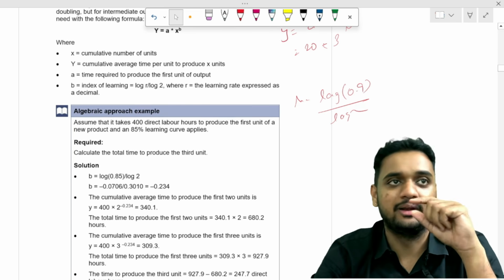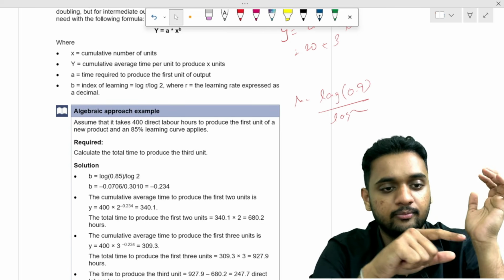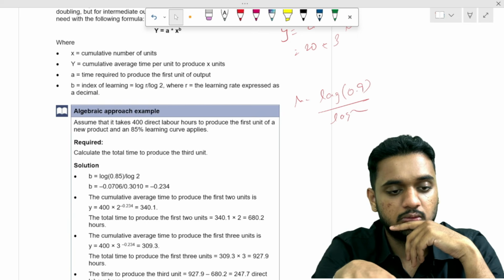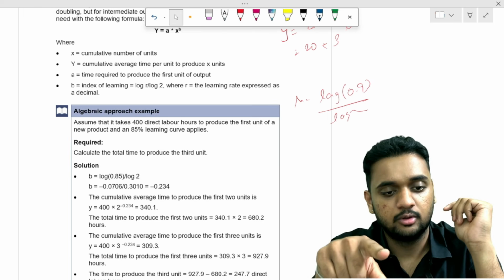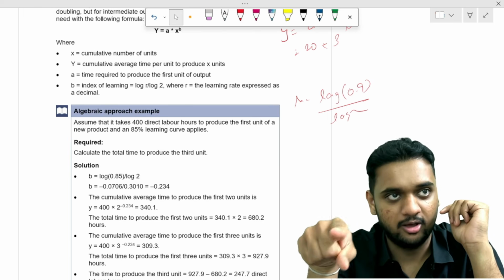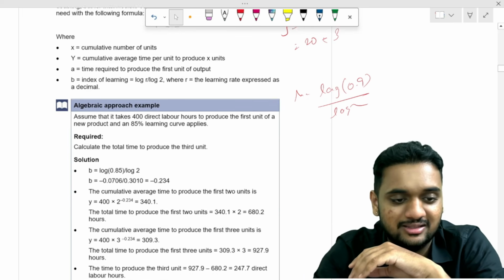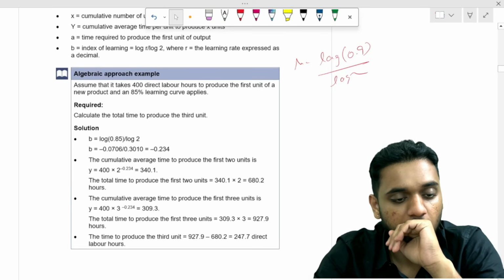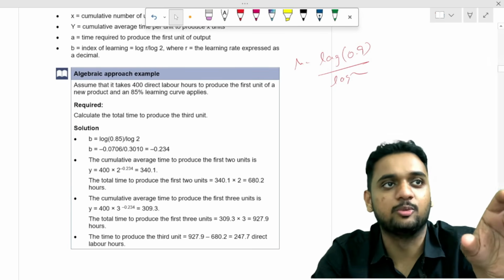How you should write it in Excel in the exam: is equal to 400 into, and put a bracket for safety. 400 into bracket 3 to the power minus 0.234. How many brackets you put, that much safety it is.